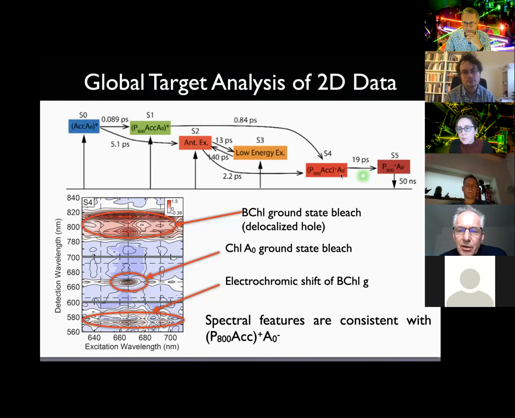So what you call the primary acceptor is not really the first one, or at least the intermediate is on the oxidized side. Yeah, so this first step is very fast, and then there's the slower secondary step. Okay.